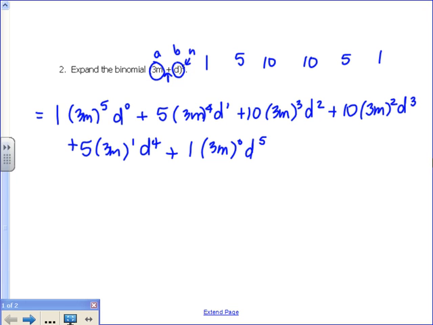Another thing that's cool that you can double check on these is all your exponents are going to add up to 5. So 3 and 2 make 5, 2 and 3 make 5, 1 and 4 makes 5, 0 and 5 makes 5. Okay? Last step, let's clean this up.